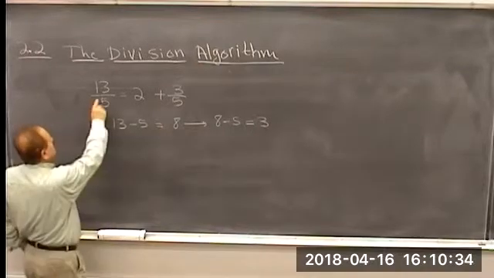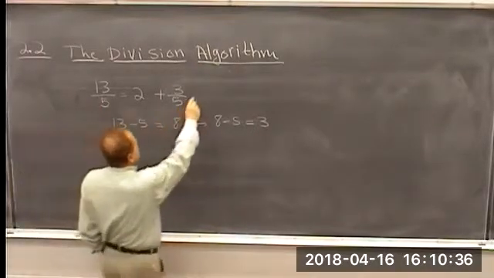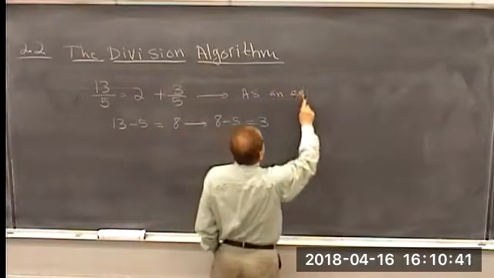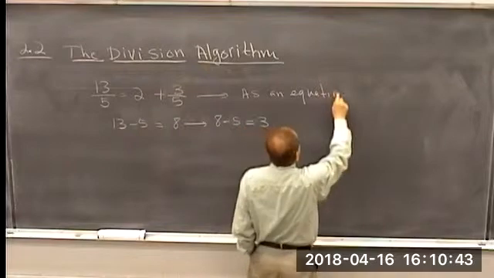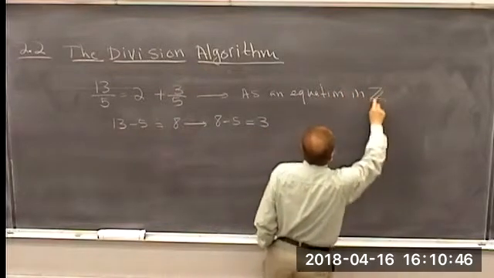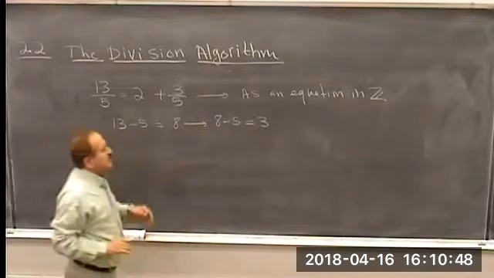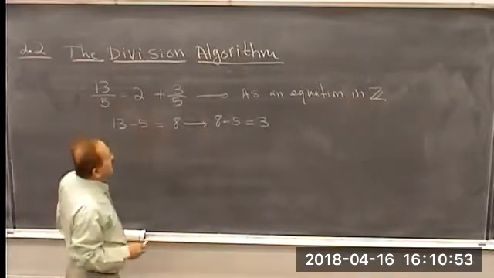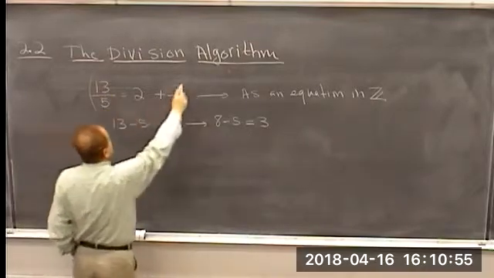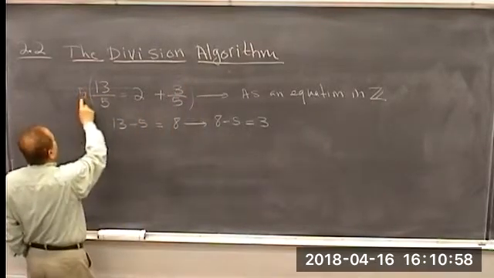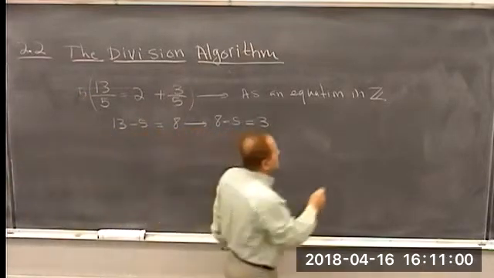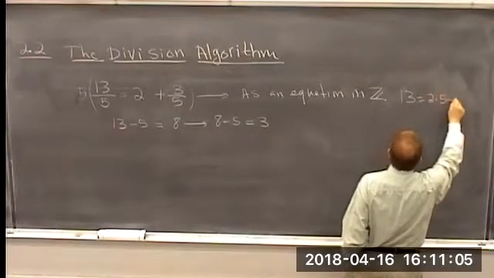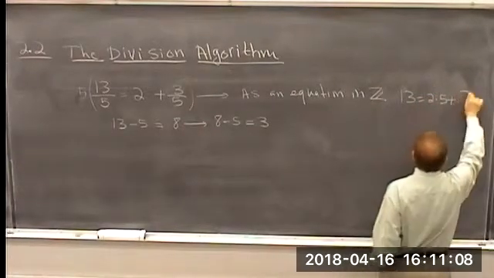Well, we would like to express this as an equation in Z. An equation in Z means everything is integers, we don't have fractions in here, if you will. Then we could arrive at this by multiplying the two sides of this equation by 5. So then we can express 13 as 2 times 5 plus 3.